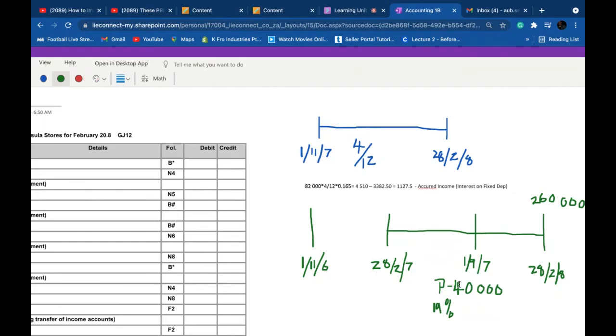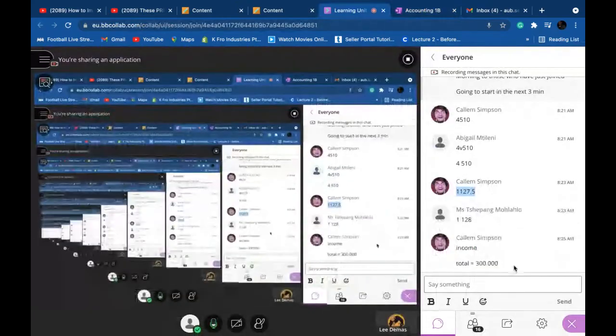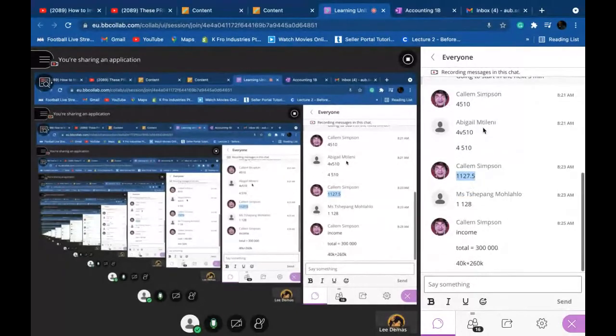Before we made this 40,000 payment, somebody tell me, how much were we owing? 300,000, okay? And how did you get there? How did you get this 300,000? I kind of just answered.